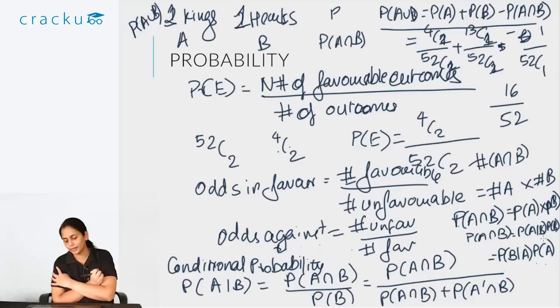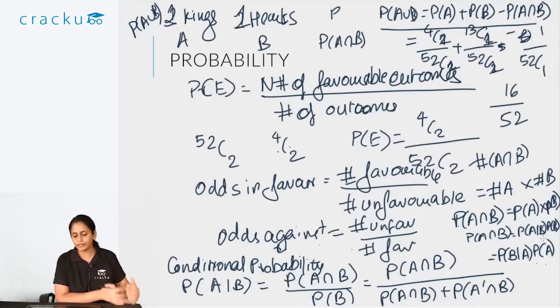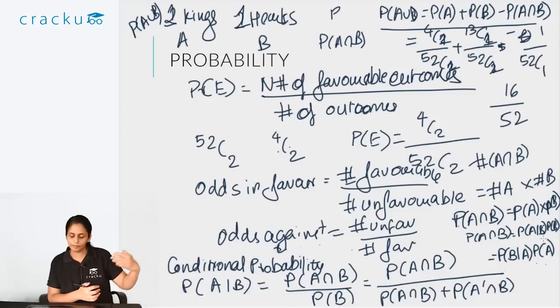So this is the fundamental behind conditional probability. In conditional probability, always see if there is one event given, we have to calculate the probability of an event, and some event has already occurred.